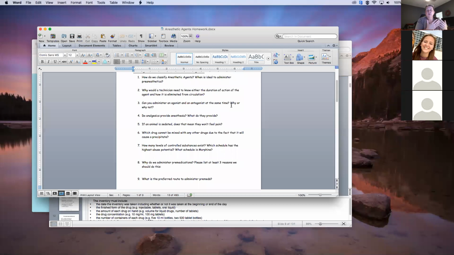Now, alpha-2 agonists are all agonists. The only time you use an antagonist is when you want to wake them up. But opioids have drugs that are agonist, partial agonists, and agonist-antagonists, and sometimes people will use those drugs interchangeably. Does that answer your question, Katie?